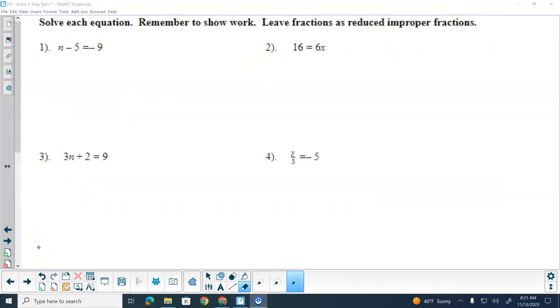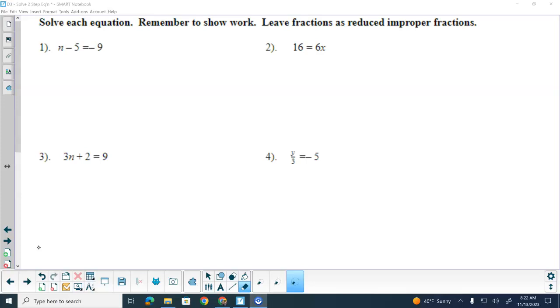All right, let's do one. Let's actually do a couple here now. All right. So in number 1, what's my variable? N. So I've got to get n by itself, right? Okay. So what is being done to n by the 5?